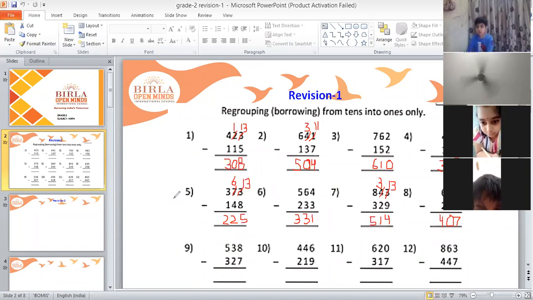538 minus 327. Okay, good. So now tell me, what are the numbers in ones place? 8 and 7. Okay, so now tell me, is it possible to take away 7 from 8? Yes. Okay, so tell me, 8 minus 7, how much? 0?